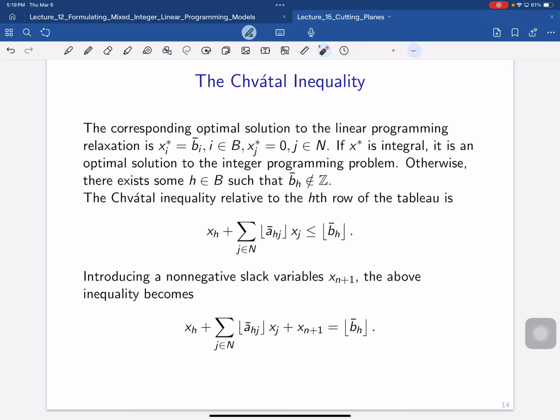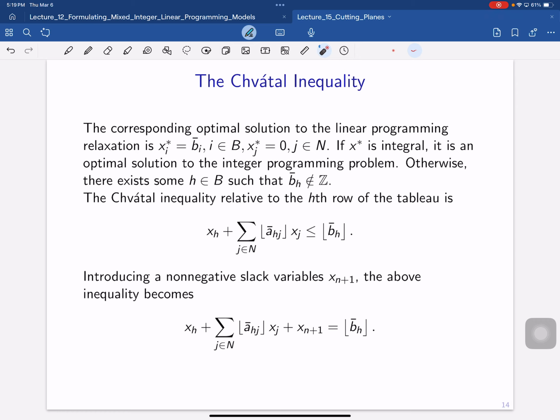Now, any questions related to why these two inequalities are valid? Right. So this is basically picking a linear constraint from the original problem and applying the round down operation.